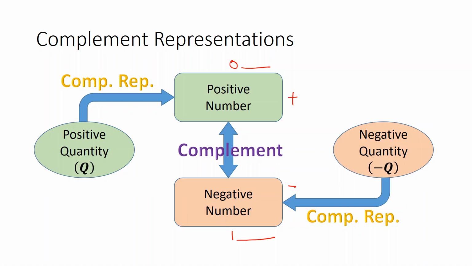So this is the end of the lecture, and we have covered all the different signed number representations. One is the signed magnitude, one is the radix complement, another is the diminished radix complement.